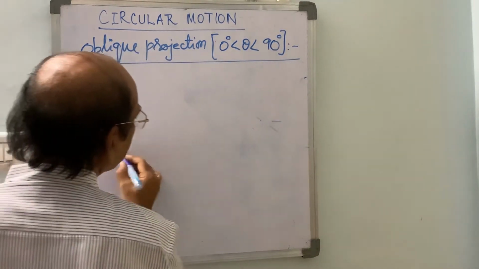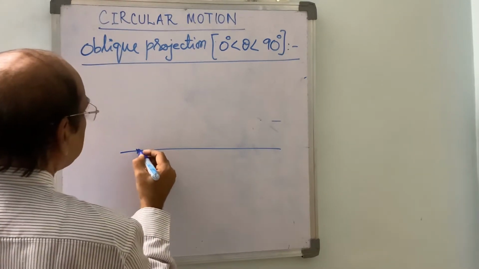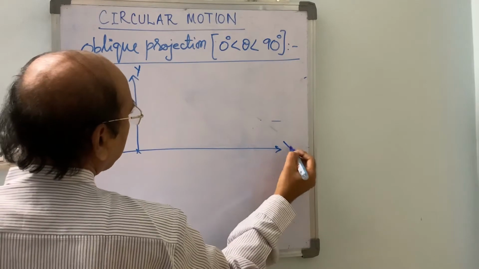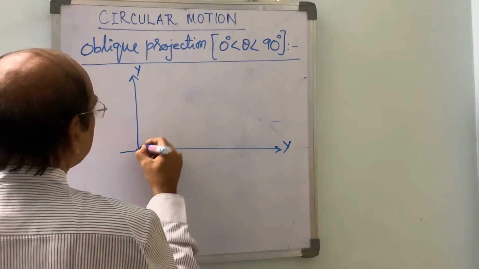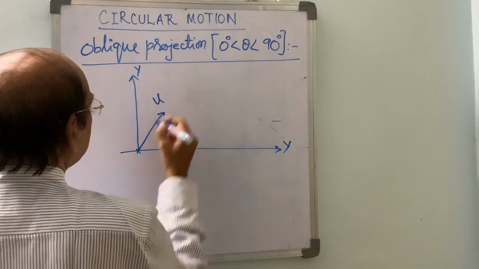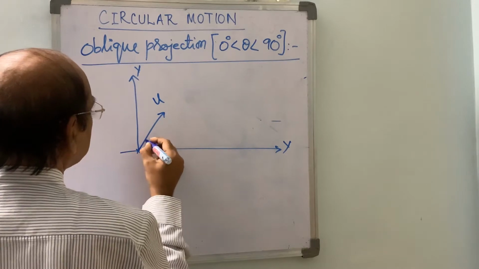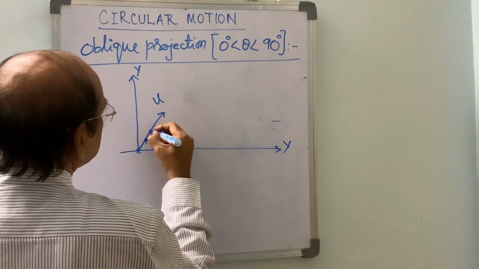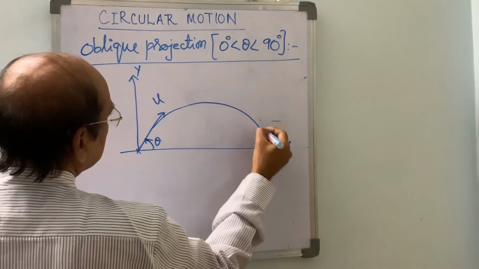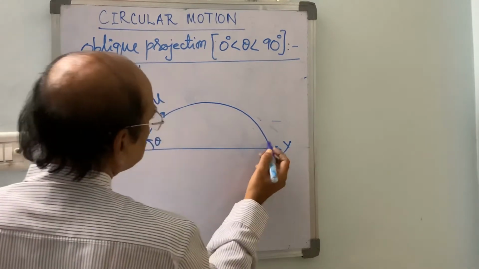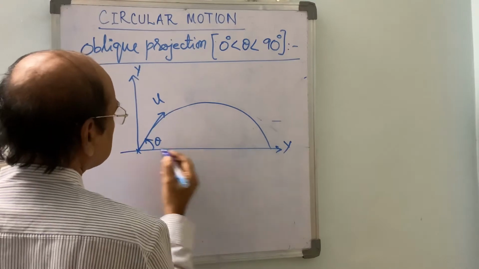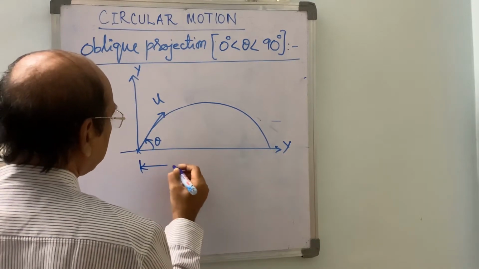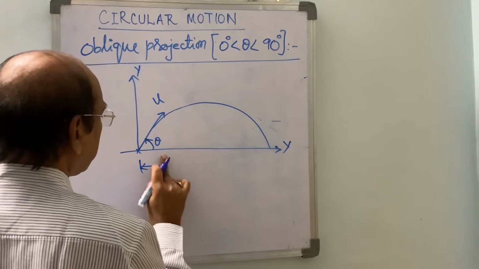Therefore, when the body is projected at initial velocity u at an angle theta to the horizontal, then the body reaches the ground like this. Now this is horizontal range or horizontal distance traveled.